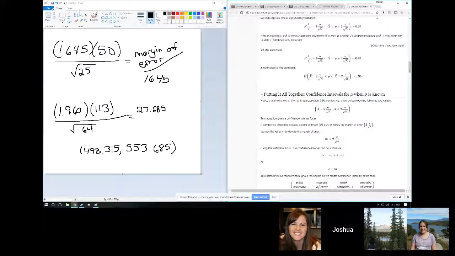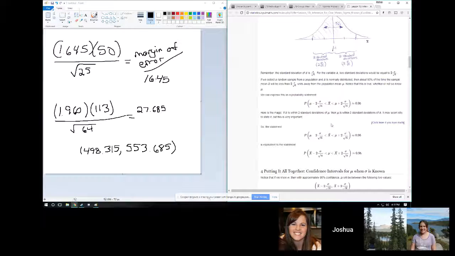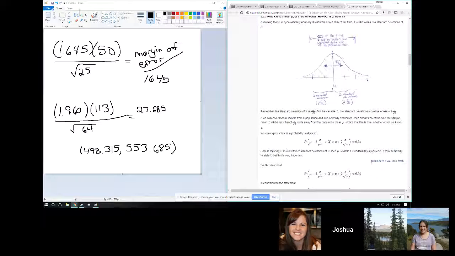And then to find the margin of error, you're going to find the z-score, and then do the z-score times standard deviation divided by the sample size.